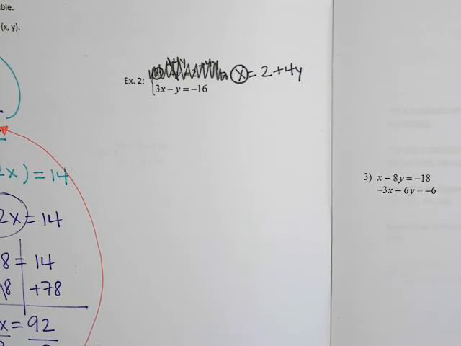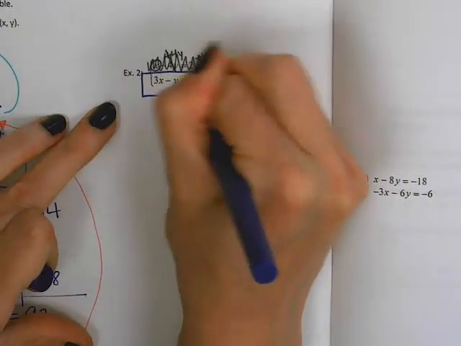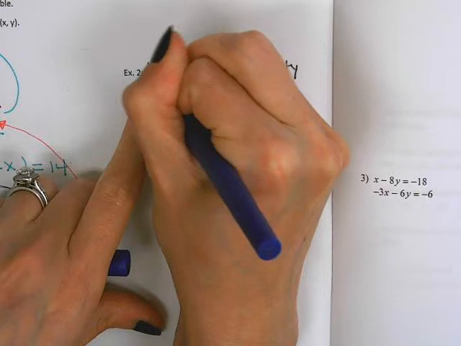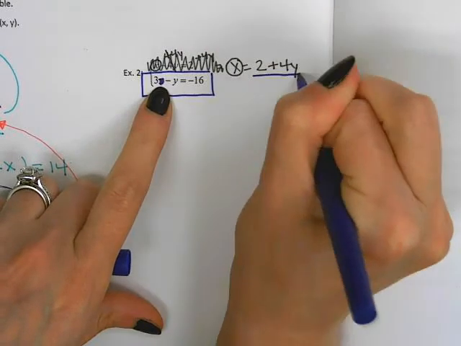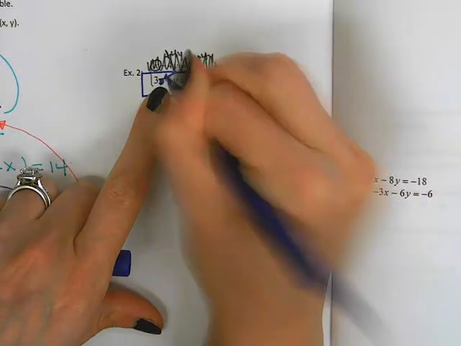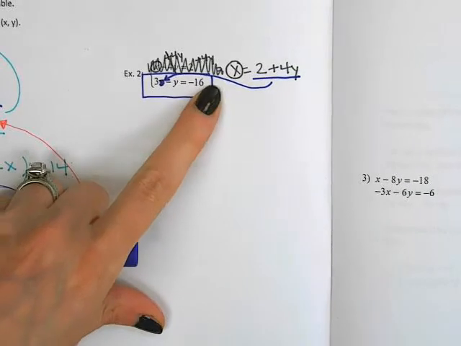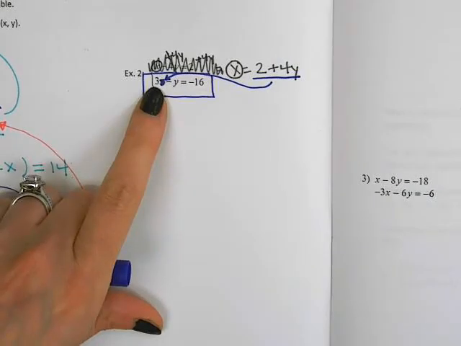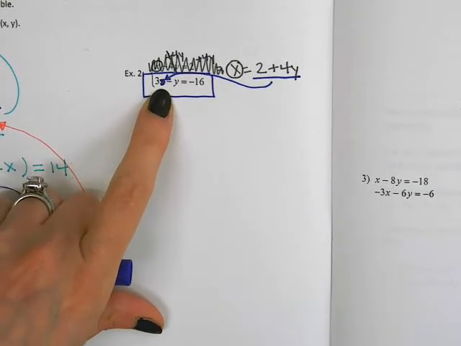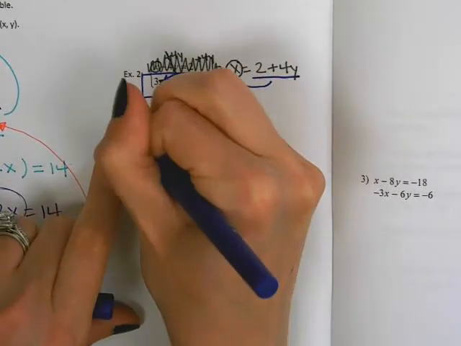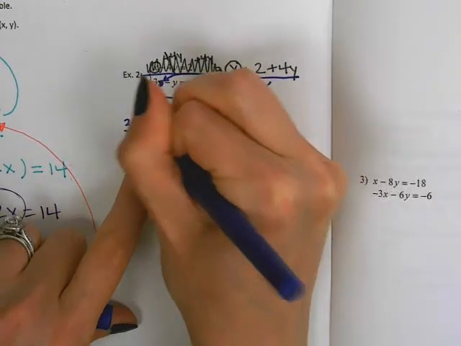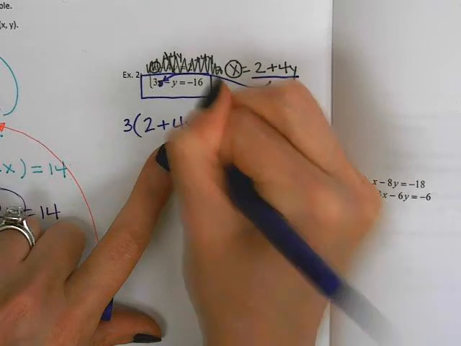So now, in the other equation, we're going to rewrite it, but instead of writing the x, we're going to sub this in its place. Okay, because if x is 2 plus 4y, then the x comes out and the 2 plus 4y comes in. So we're at 3 times, well, x is now 2 plus 4y.